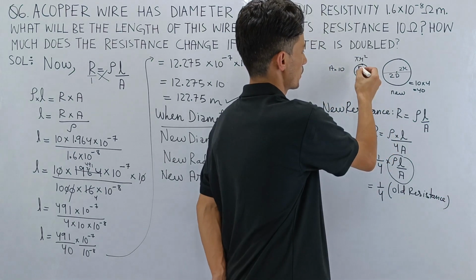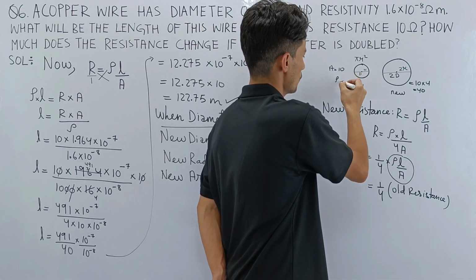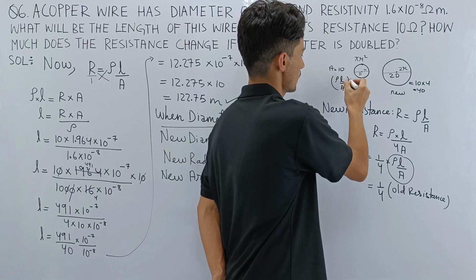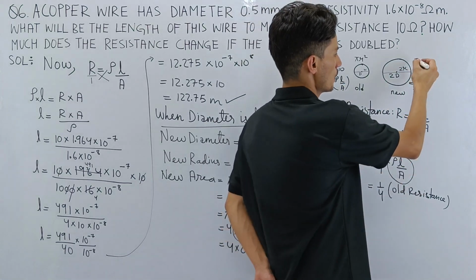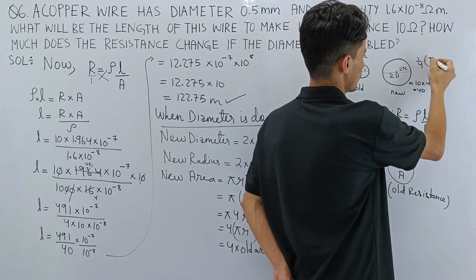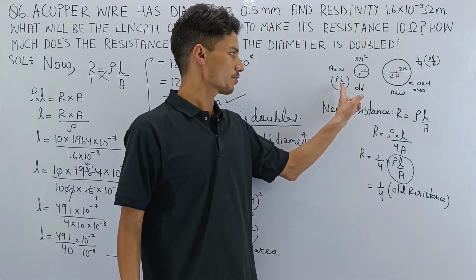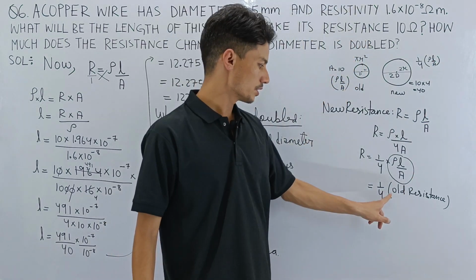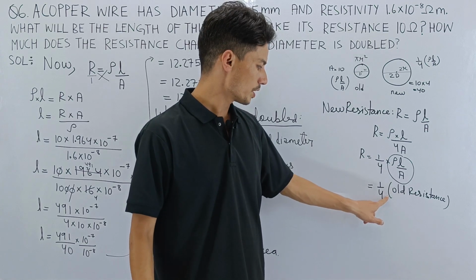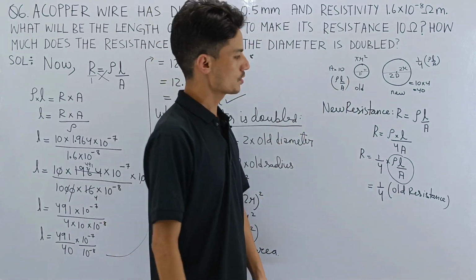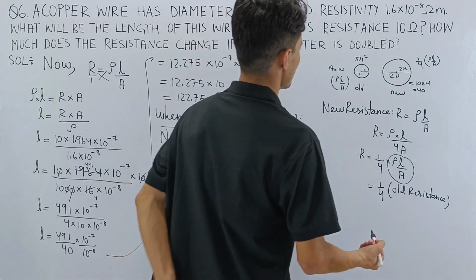The resistance of the old wire is rho L by A, and the new resistance is 1 by 4 of this value. So the new resistance which we got is 1 by 4 of the old resistance. That's it. We just got the answer.